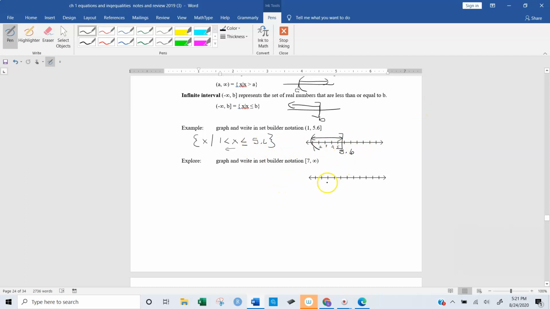Pause and try yours. You should have only had a 7 on your number line, and then an infinity. Then set builder notation is x such that x is greater than or equal to 7. So it's all numbers greater than or equal to 7.